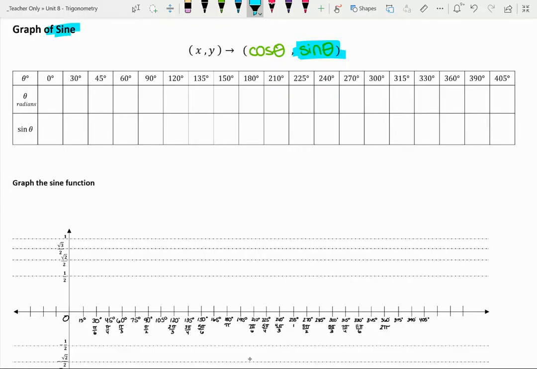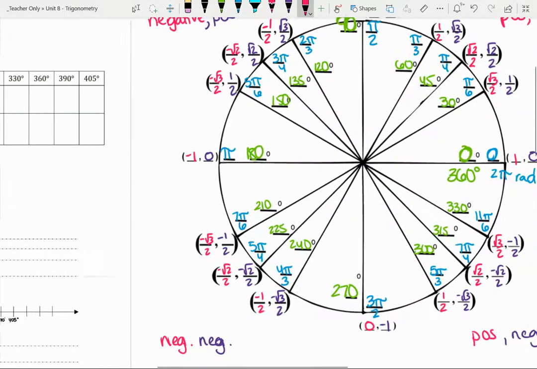So the first thing we should do is take all of our degrees and remember how many radians each degree is equal to. So for instance, 0 degrees is 0 radians. And if I need a little bit of a reminder, I've got my unit circle right there.